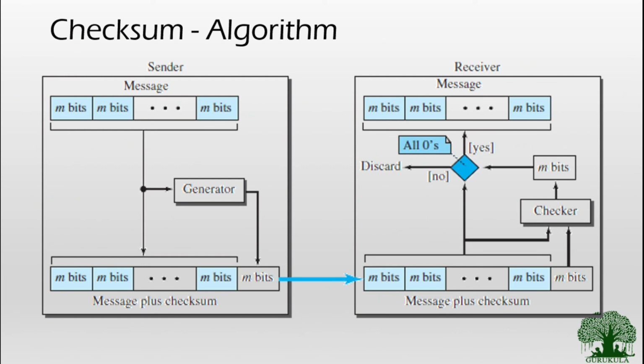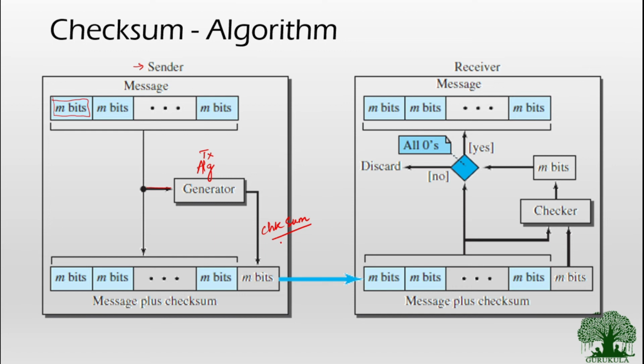So, this is a basic algorithm for the checksum. Let us see how this algorithm works. First of all, at the sender side, whatever information I have has to be divided into m bit pieces, and all these m bit pieces will be fed to a generator. The generator runs a transmitter algorithm and creates a particular value, which we call the checksum.